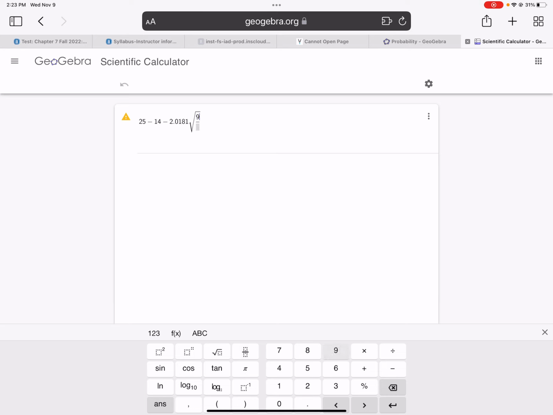Now you do a fraction, 9 squared, and down in the bottom is 78. You choose the arrow to move out of the denominator, and then fraction, and then plus fraction 7 squared divided by 43. So I got the answer 8.02.